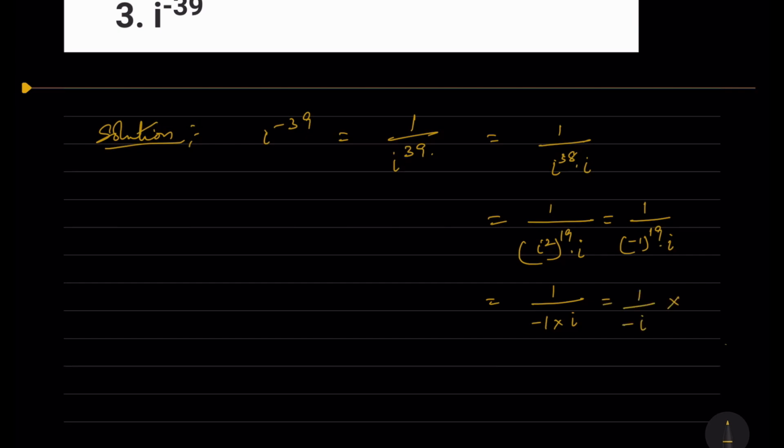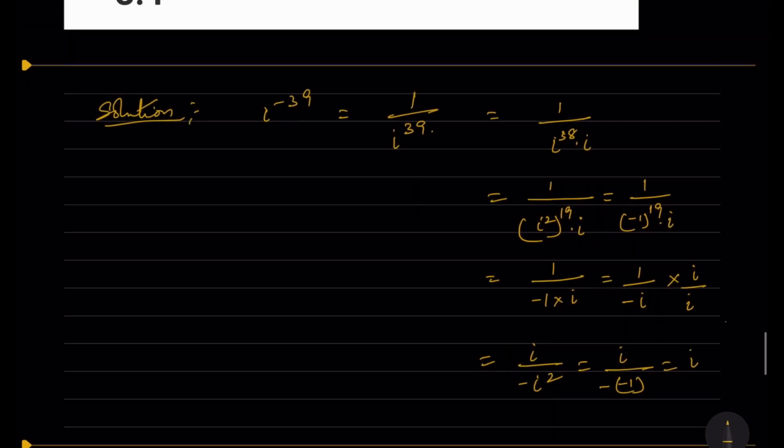So we rationalize it by multiplying with i and dividing by i. You're going to get i by minus i square, which is i by minus into minus 1, which is equal to i by plus 1.